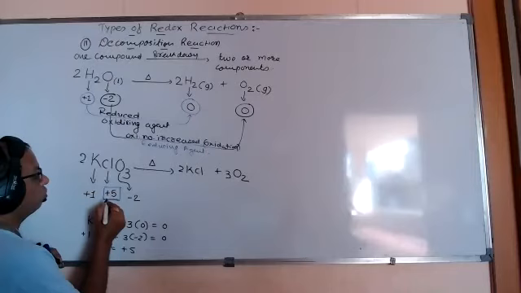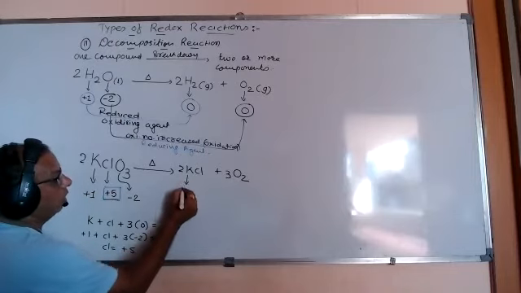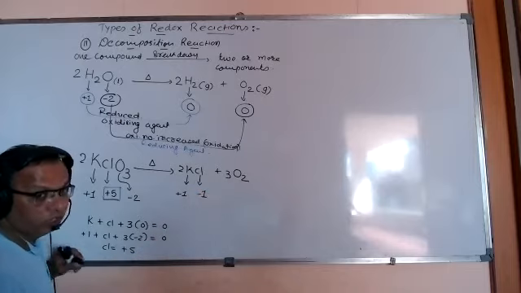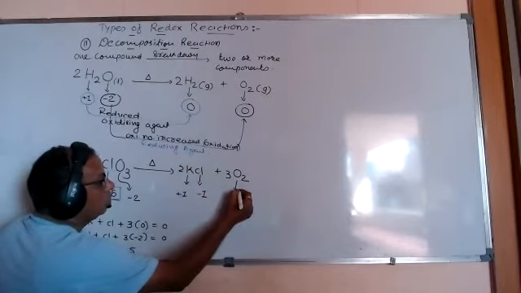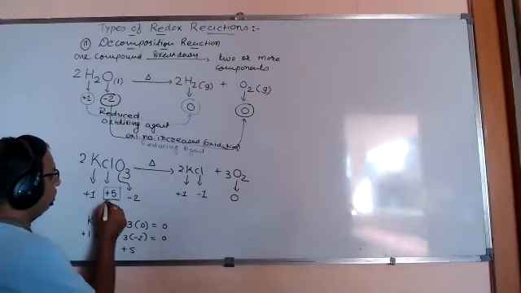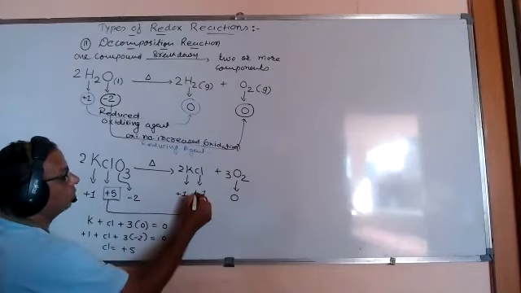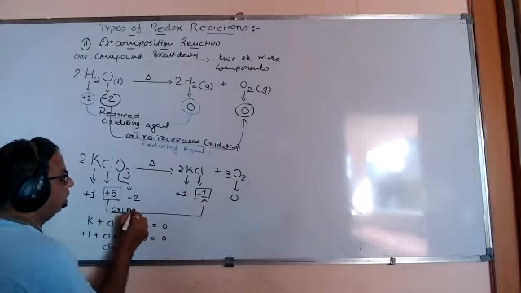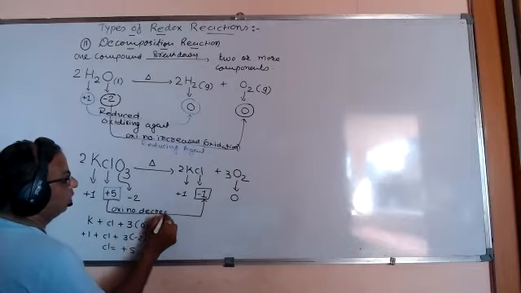This is the most important term here. Once again, potassium +1, chlorine is -1 in normal condition, and oxygen is alone. That's why it is 0. So very simple, chlorine +5 to -1. Right? So oxidation number decreased.